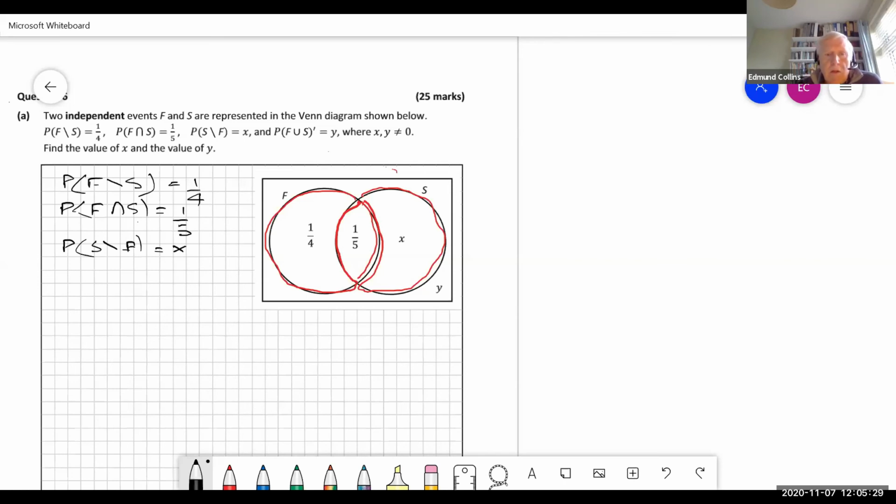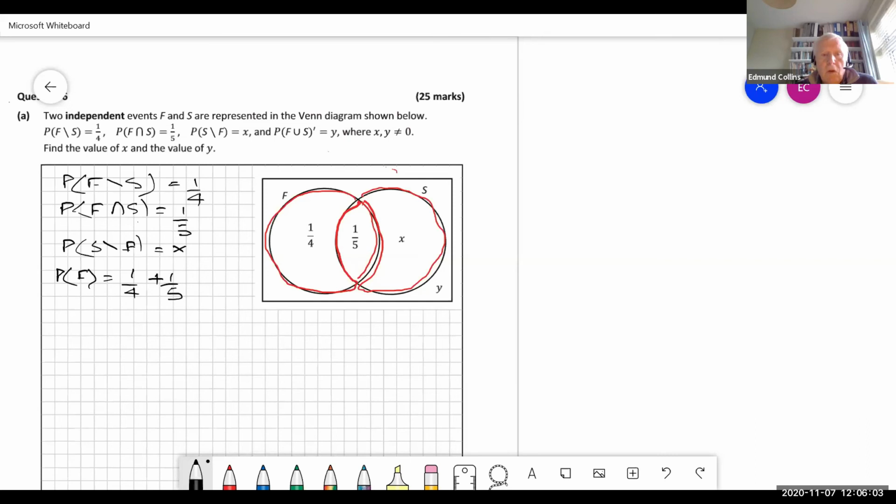Now, the first thing to note is, well, we have the probability of F not S, but what is the probability of F? The probability of F equals 1/4 and 1/5.